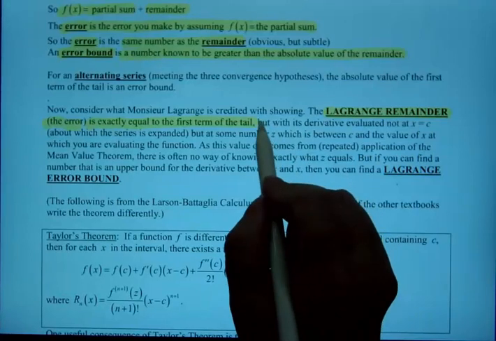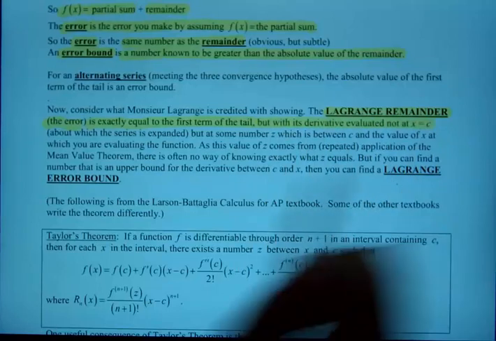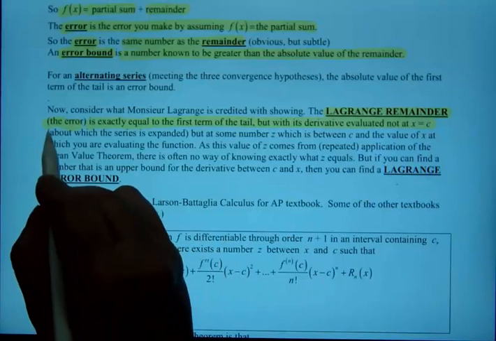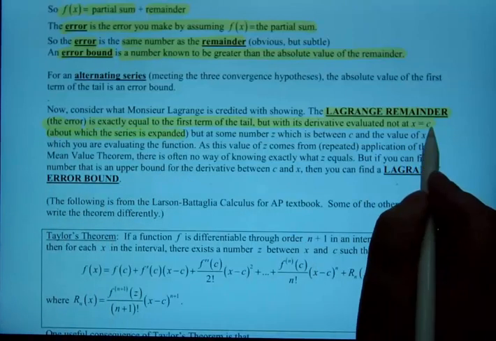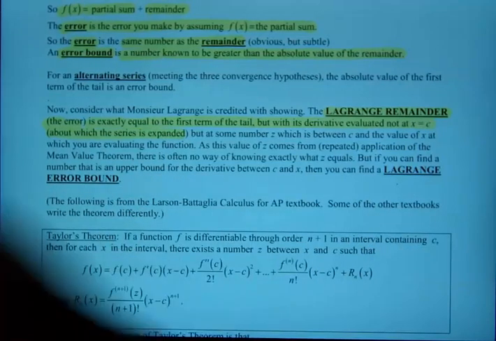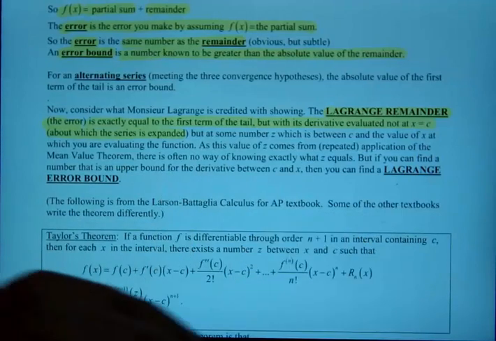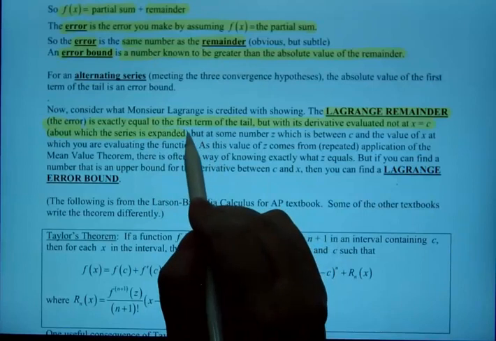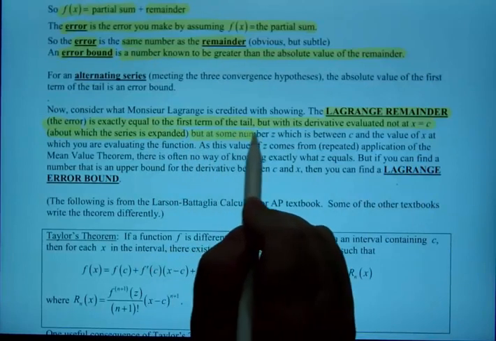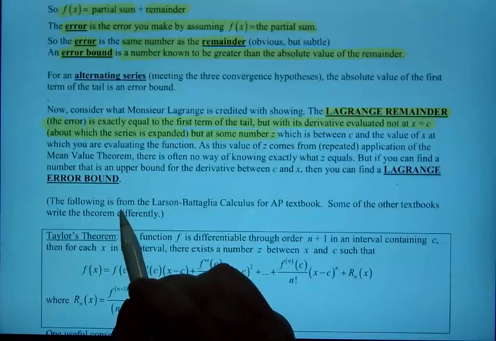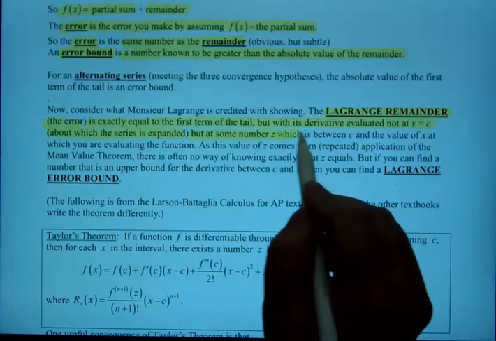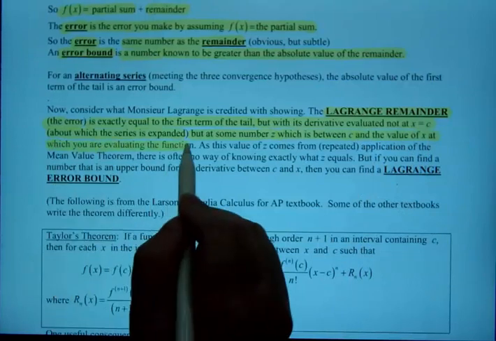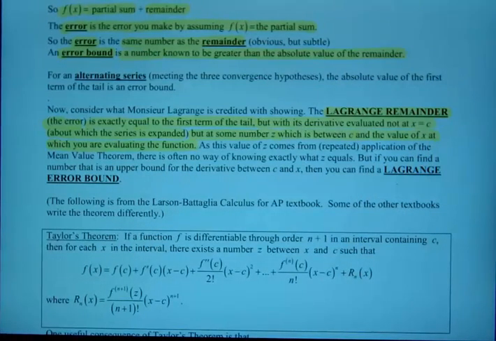But instead of evaluating the derivative at c, like we've been doing with alternatings, which is the number where we expand our series, that's the number we put in the parentheses with x every time, it is equal to the derivative evaluated at some other number z, which is between c and the value of x at which you're evaluating the function. That's as far as I want to go. Okay?